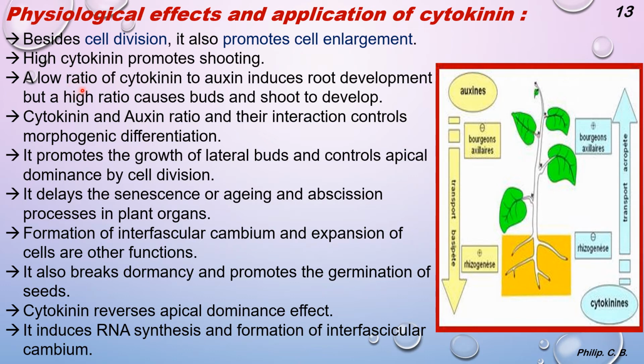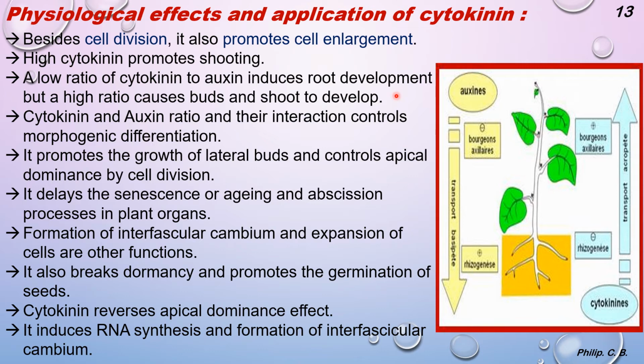A low ratio of cytokinin to auxin induces root development, but a high ratio causes buds and shoot to develop. That is, if there is a low ratio of cytokinin to auxin, it helps to induce root development, or if it is a higher ratio, then bud and shoot develop.